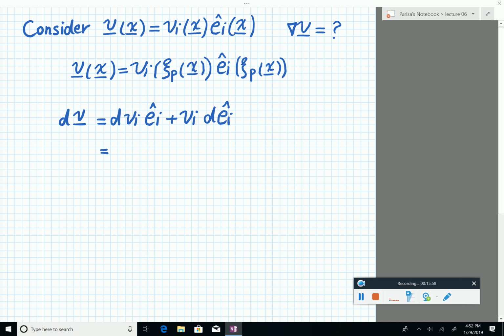And now, because v i is a function of psi p, then we need to use partial derivatives.